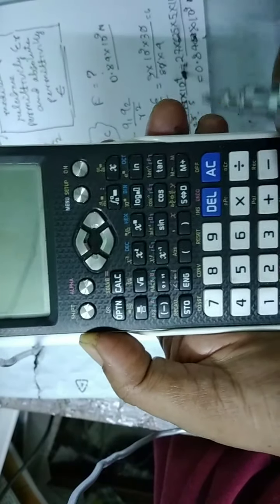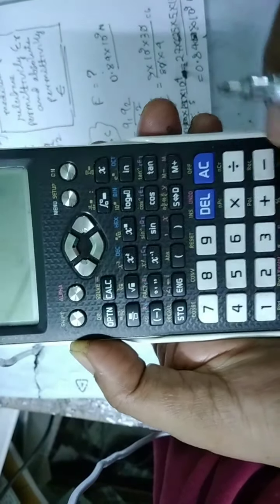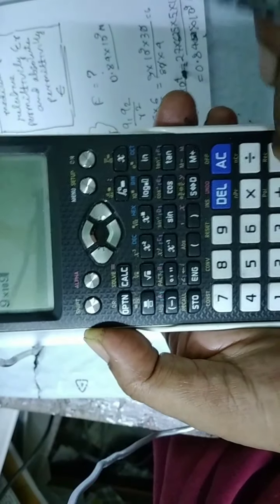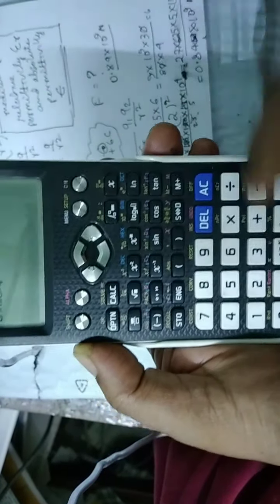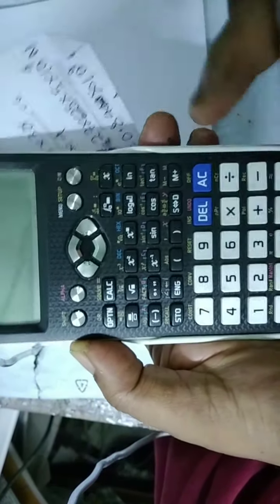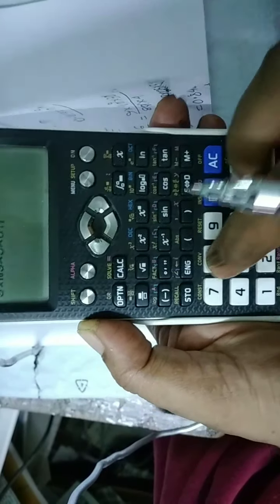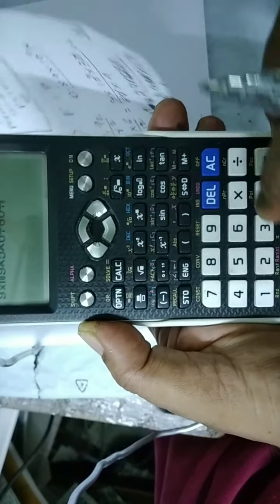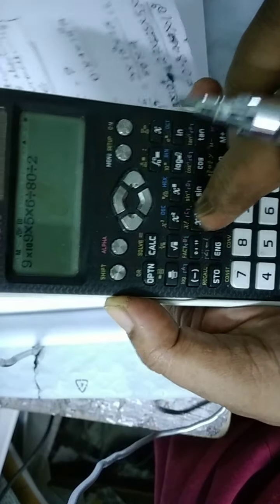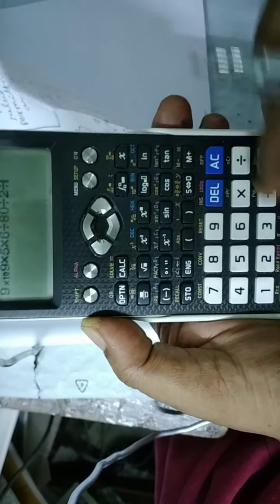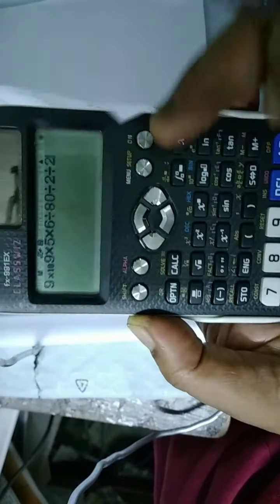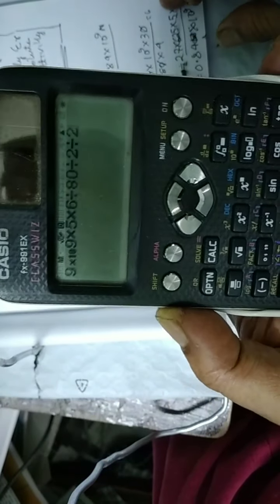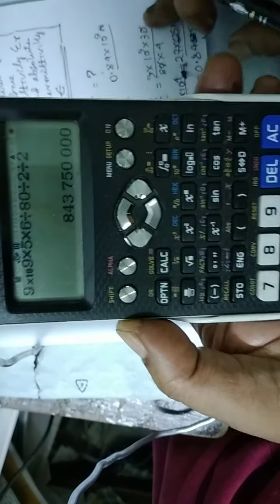If you write like this, 9 into 10 to the power 9 into 5 into 6 divided by 80 divided by 2 square, or divided by 2 two times, you get the result directly.